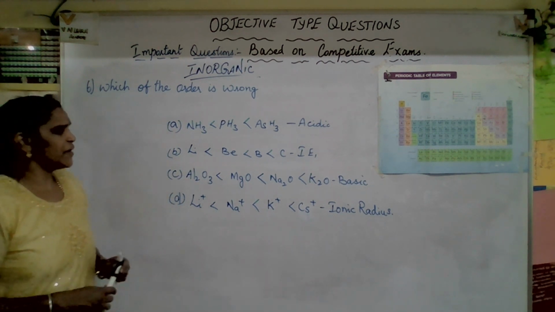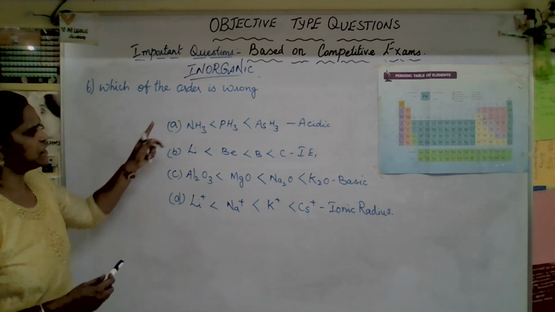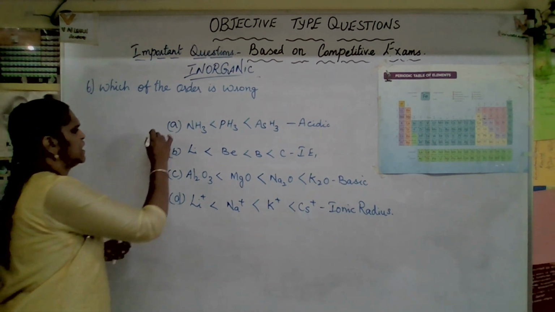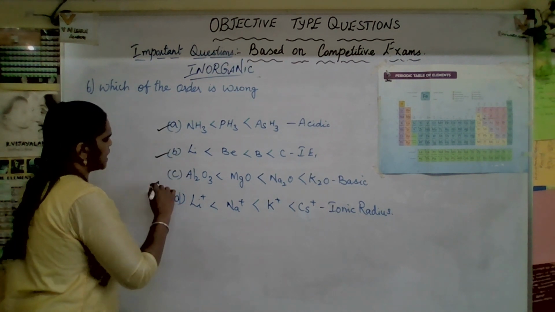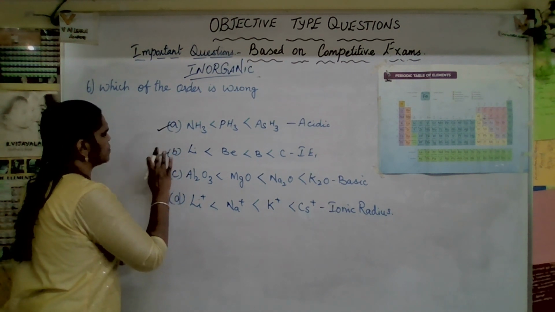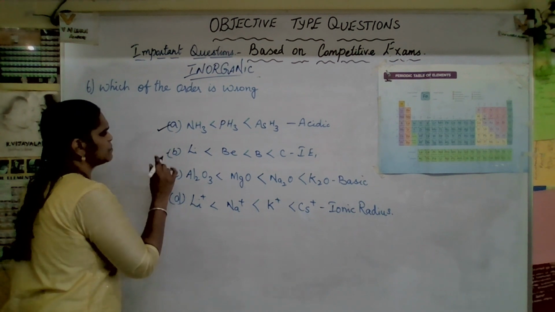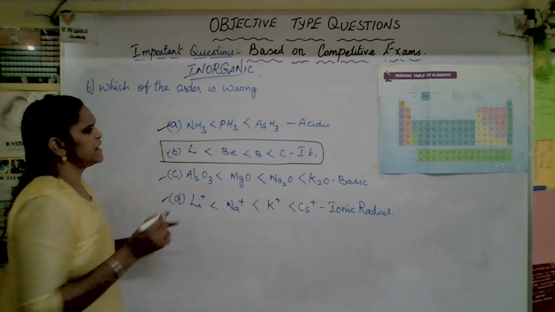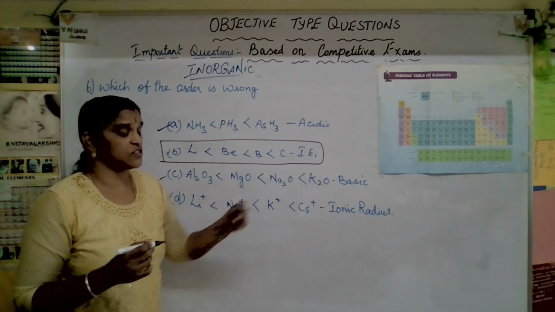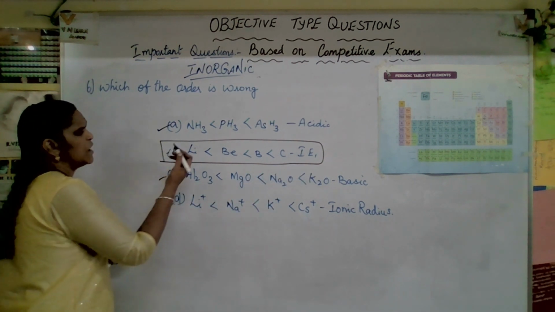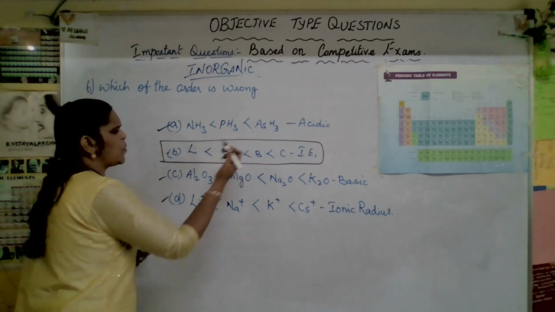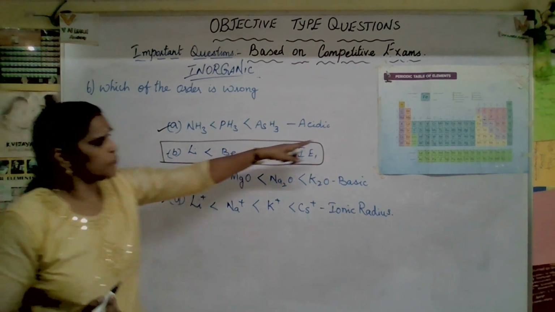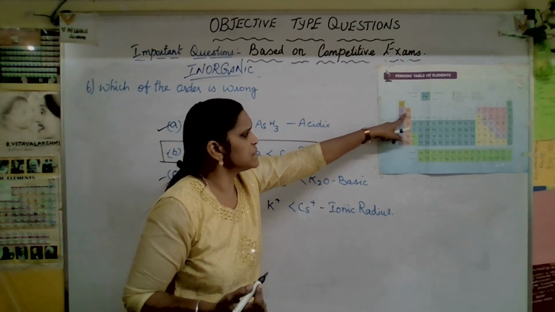Okay, now as we are talking about acidic, basic and ionic radius, everything is correct only. Now, in the second option, we feel something different. Here you see ionization enthalpy, first ionization enthalpy, when we are talking about lithium, beryllium, boron in the second period.